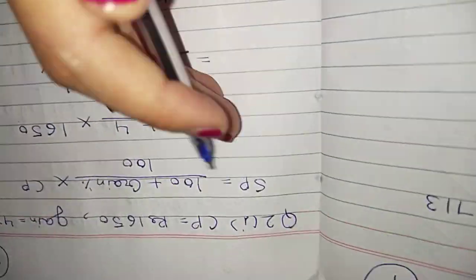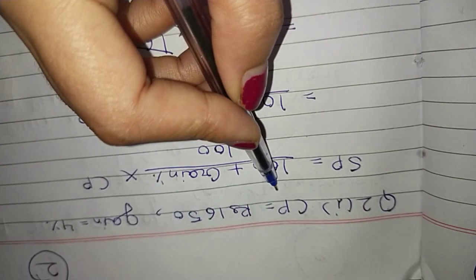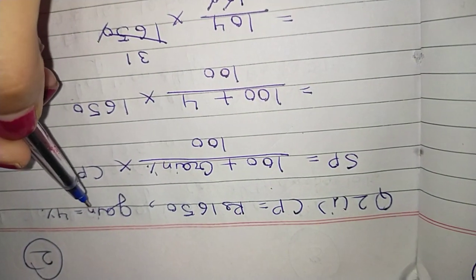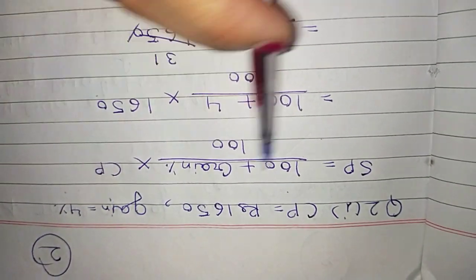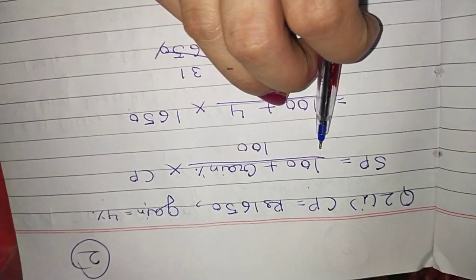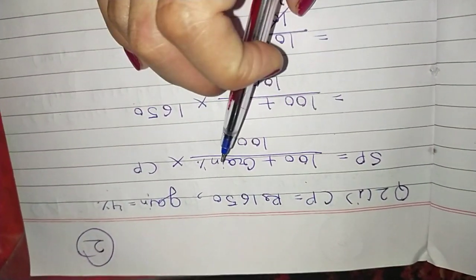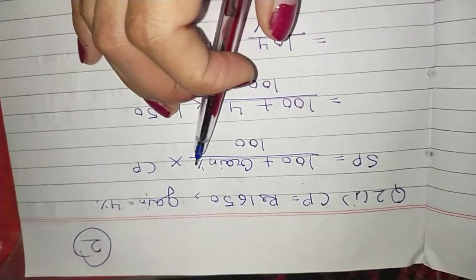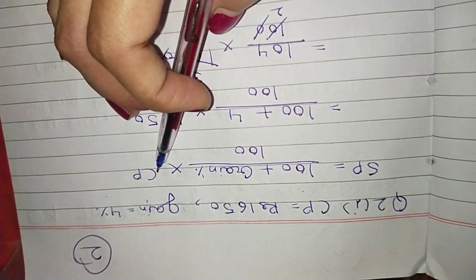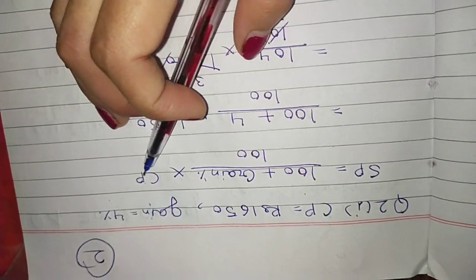Coming to question number 2, we have to find out the selling price when the cost price with the gain or loss percentage is given to us. So the formula to find the selling price when we have gain percentage is 100 plus gain percentage upon 100 multiplied by the cost price.